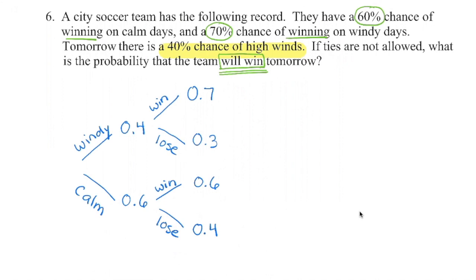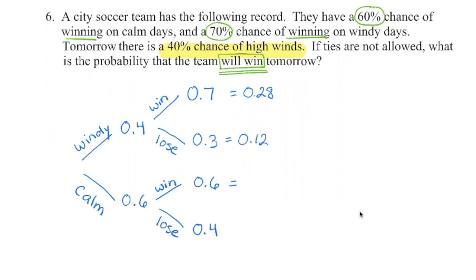So then we can go through and multiply these. If I'm going to win when it's windy, I have windy and win. I'm going to multiply those numbers together, and there's a 28% chance, or 0.28, of that occurring. So windy and lose, there is a 12% chance of that occurring, or 0.12.